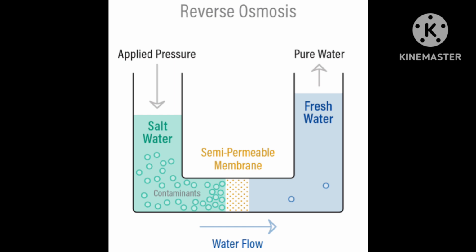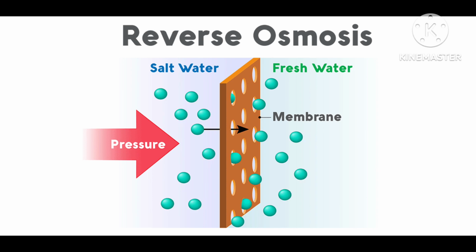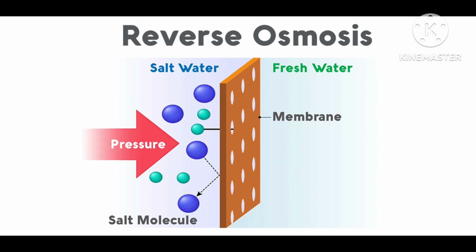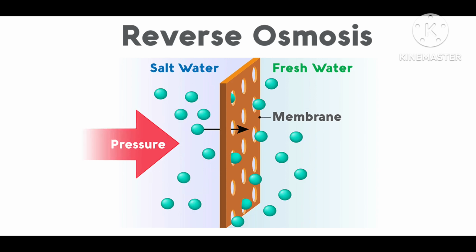I told you that in osmosis, water was flowing from solvent to solution. Now you want it to flow from solution to solvent; you want to reverse the direction of flow. Then what do you have to do? Now you understood how water flows from high vapor pressure to low vapor pressure.